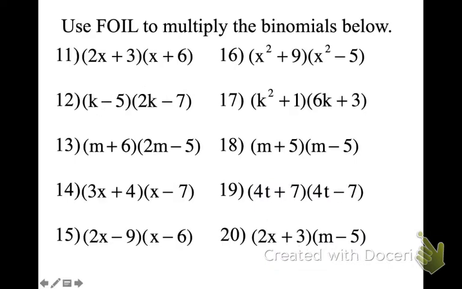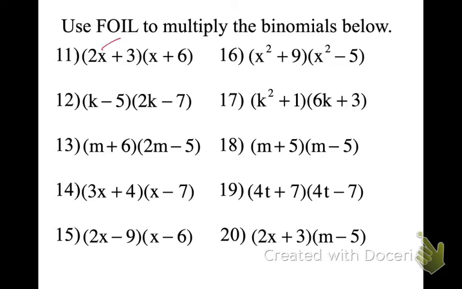Okay, now it's getting a little trickier, so you're probably going to have to jump into the FOIL because it's not so easy. Before, we didn't have coefficients. The shortcut works really well, but unless it's an exact binomial, I wouldn't use it.